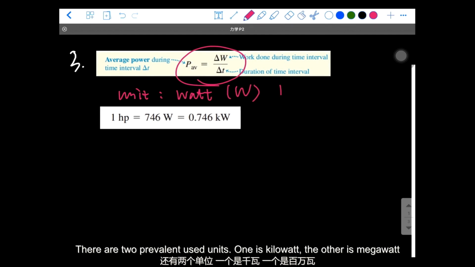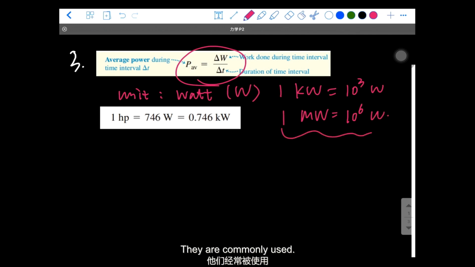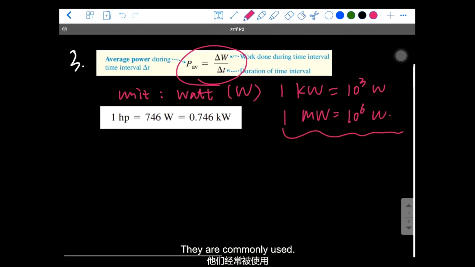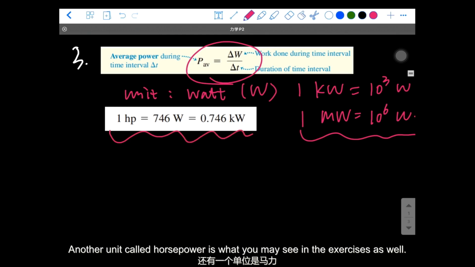One is kilowatt, and second is megawatt. A kilowatt equals 10 to the power of 3 watts, and a megawatt equals 10 to the power of 6 watts. Those are commonly used. And there's another unit called horsepower. You may see it in the exercises as well.